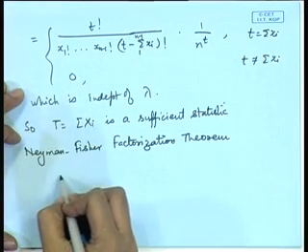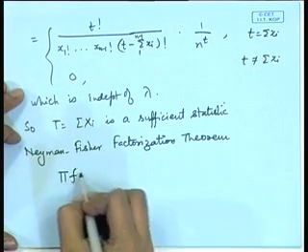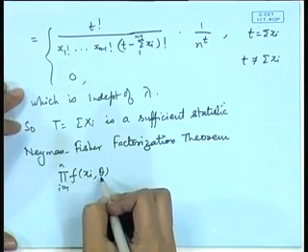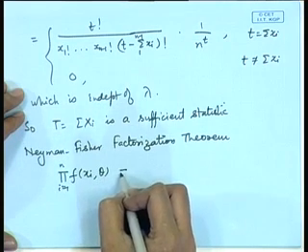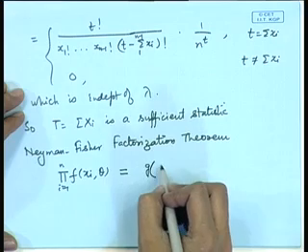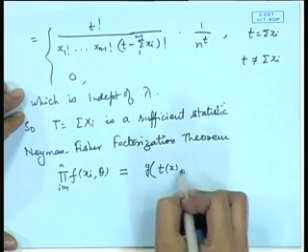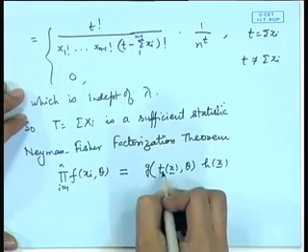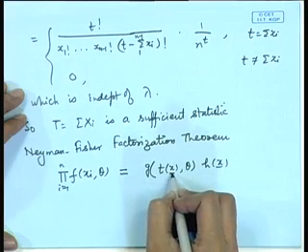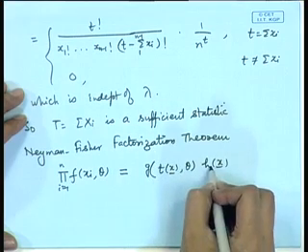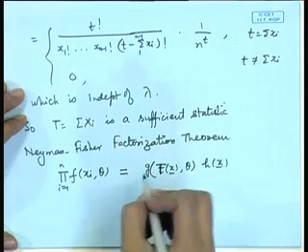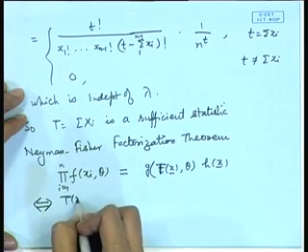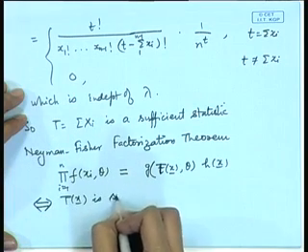We write down the joint density, that is product of f(xi, theta), i equal to 1 to n. This is the joint probability density function of x1, x2, ..., xn. If this can be factorized as g(T(x), theta) into h(x), where the first term depends upon xi's only through T and the second term is free from theta, then we say that this implies and is implied by that T(x) is sufficient.